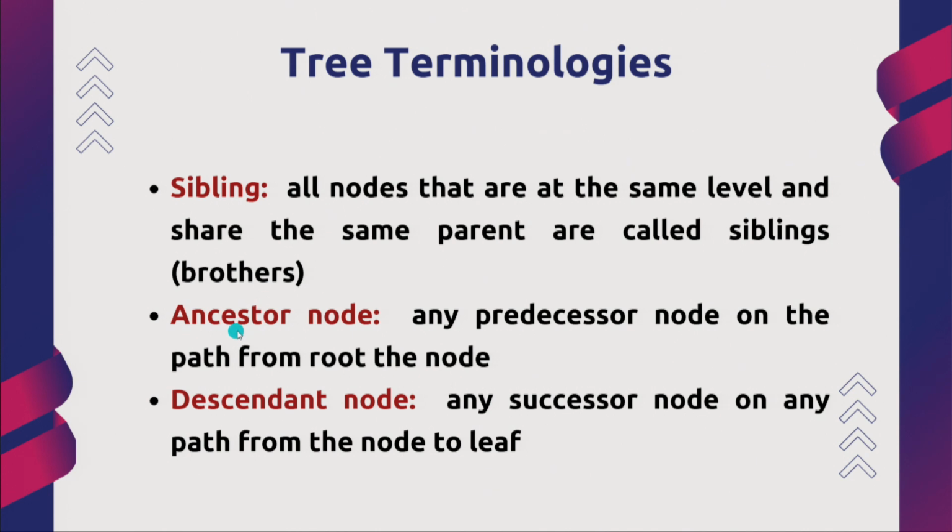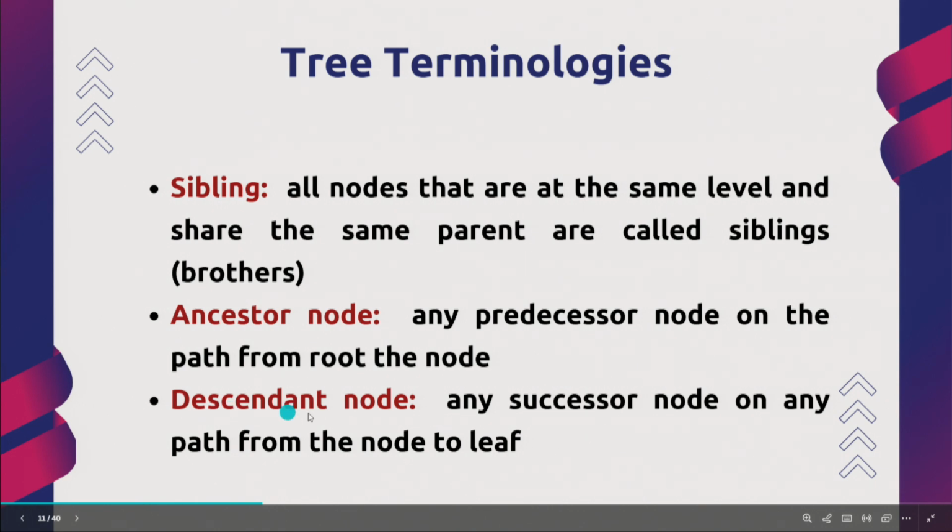And an ancestor node is one for which any parent node can be called an ancestor node to its child or children. Here any predecessor node on the path from the root node can be called an ancestor node, and if a node happens to be a successor on the path from the node to a leaf, then it can be called its descendant.